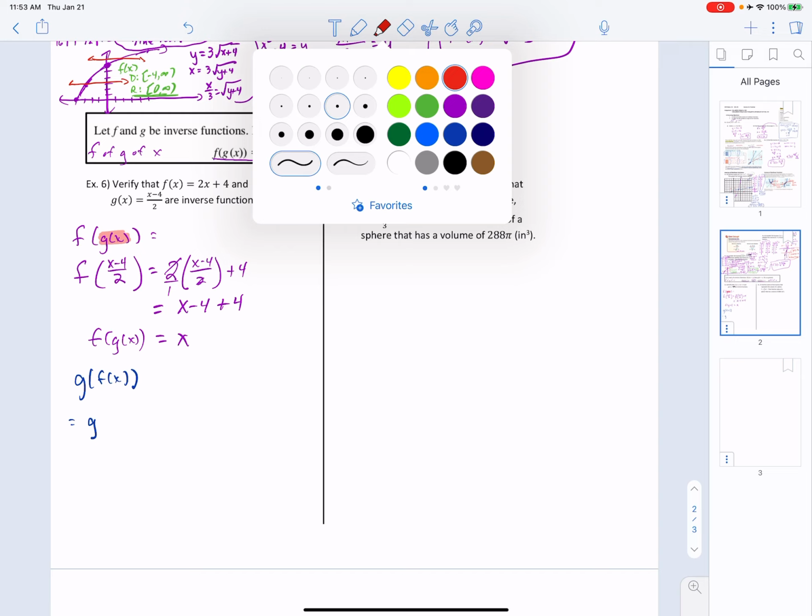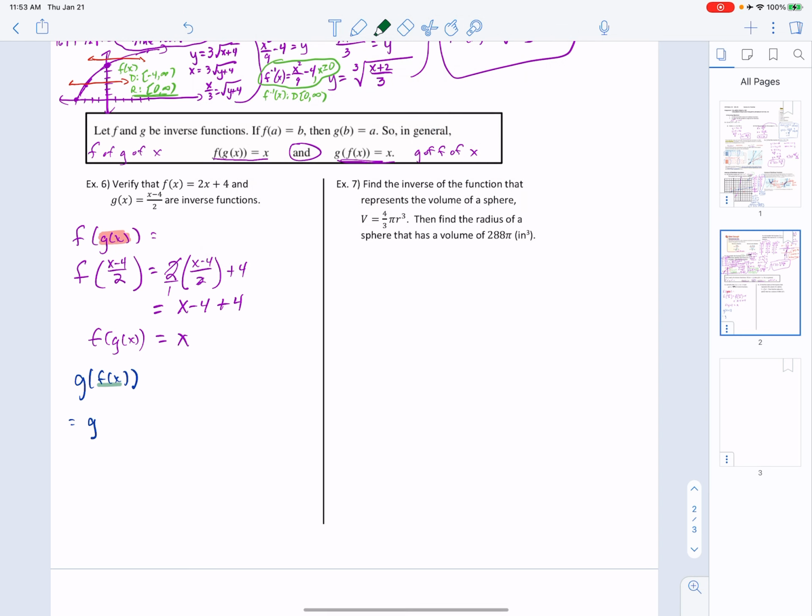Let's do green. So right here I see f of x. And f of x is this expression. So I am going to put 2x plus 4 in for f of x.